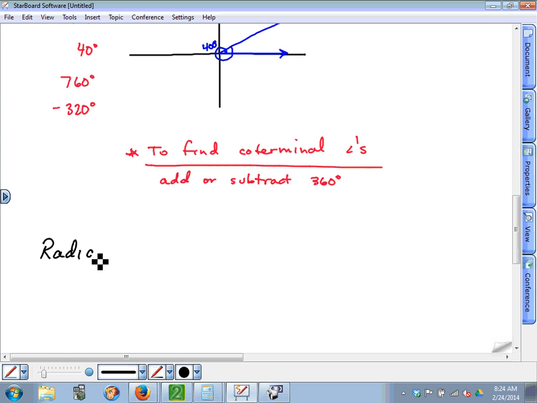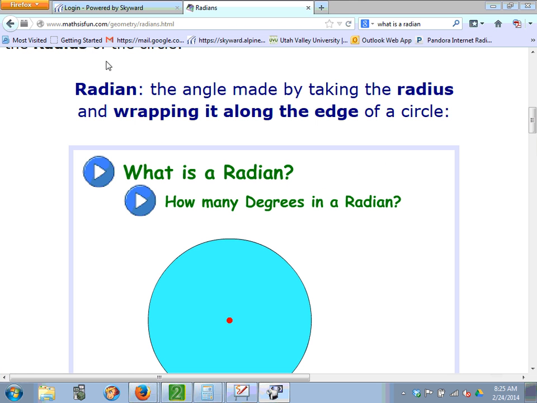Radians. Press play here in a second. If you take a radius of any size circle, that represents a length, right?